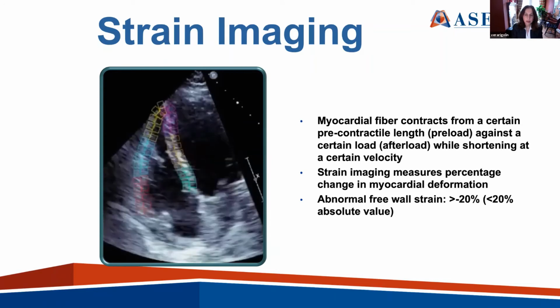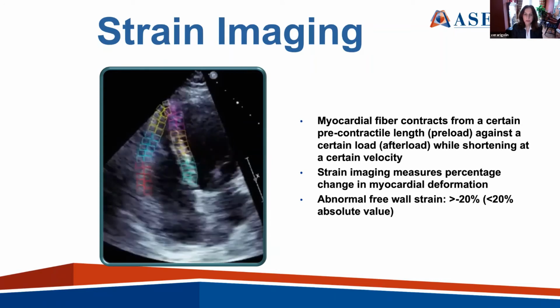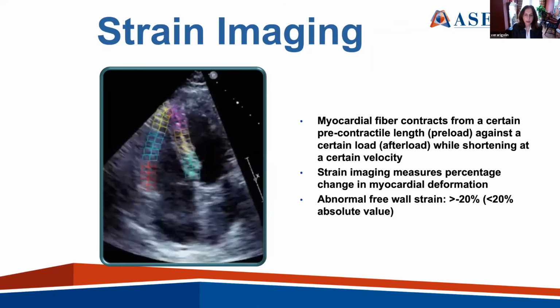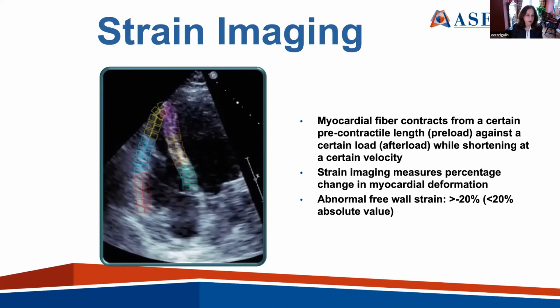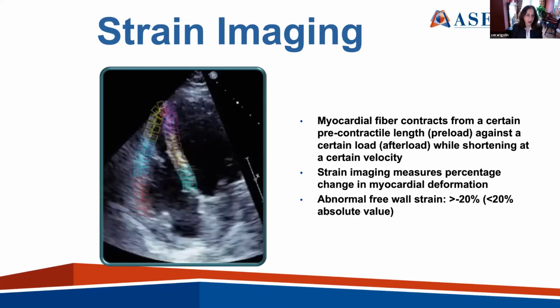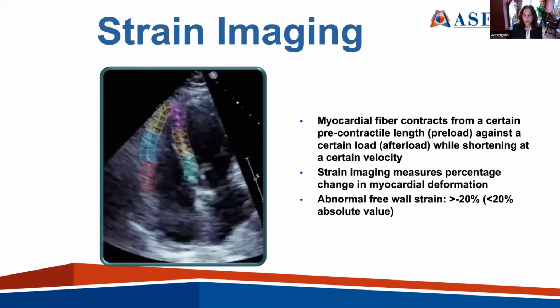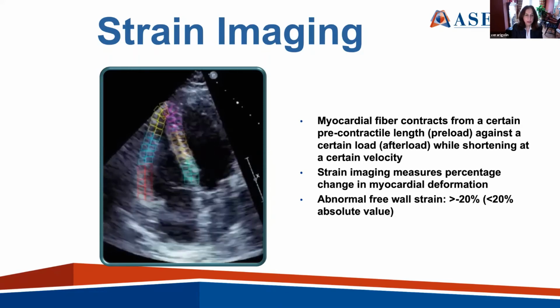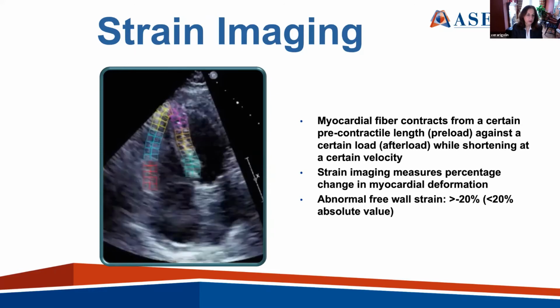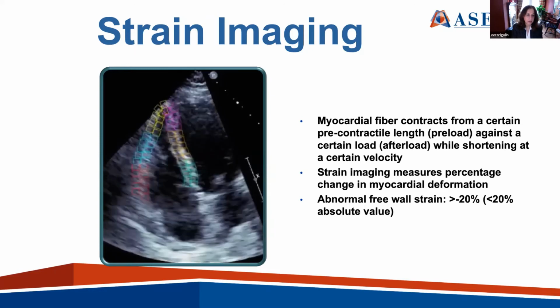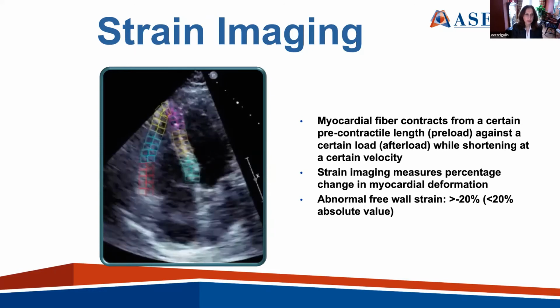That motion towards the apex, because of the tethering of the normal apex, will result in the movement, and it may cause your TAPSE and S prime to look higher than what they really are. So the tethering effects may result in those values not accurately demonstrating to us the true right ventricular function.